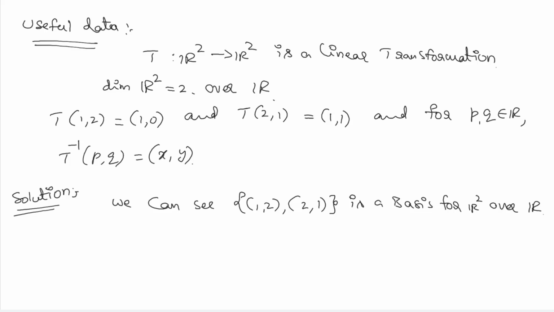In fact, if we take any two linearly independent vectors in R square, the collection of those two vectors forms a basis.